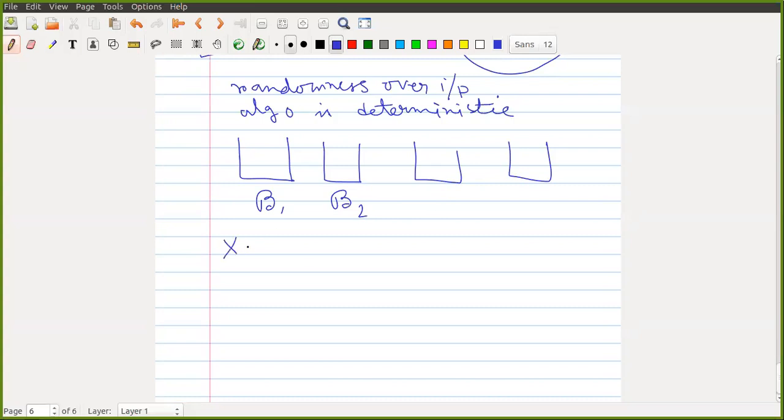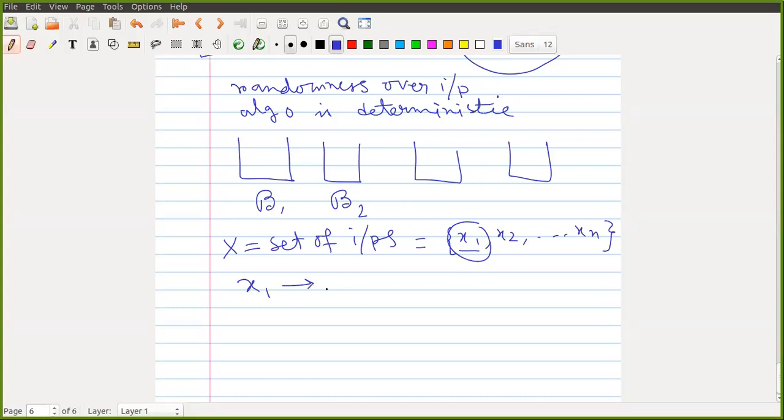Say X is the set of inputs, x1, x2, up to xn. Upon seeing x1, first we see x1, and we put it in one of these buckets.